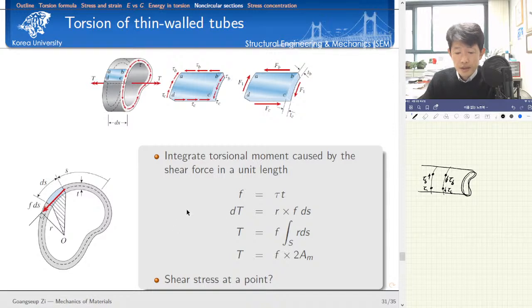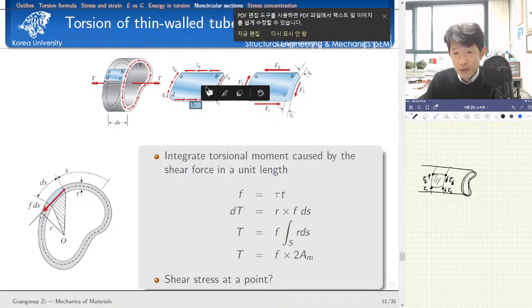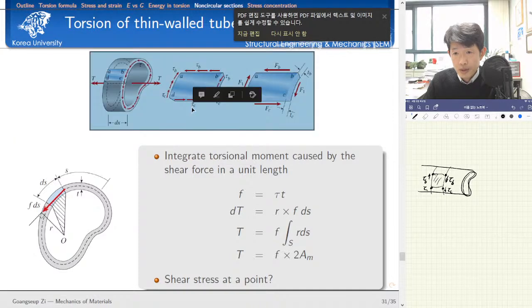Then let's consider this small segment, as given in my lecture note. Here I have tau b, and because of the conservation of momentum, we must have the same tau b here. But if you look at the bottom surface, we have a different tau c. So tau b and tau c.